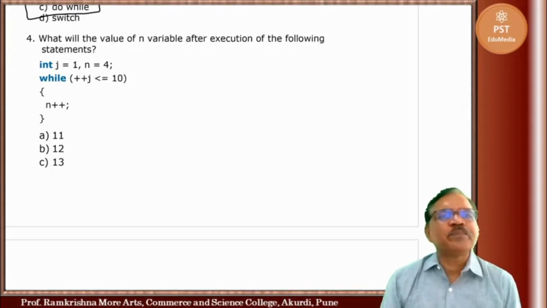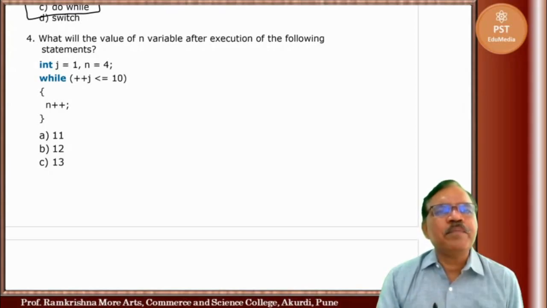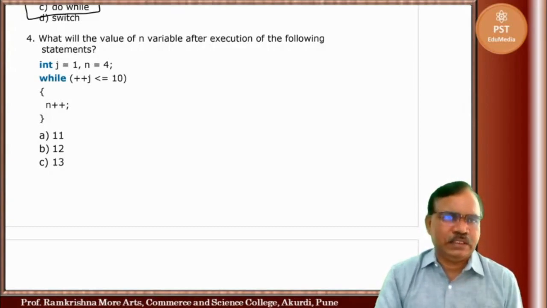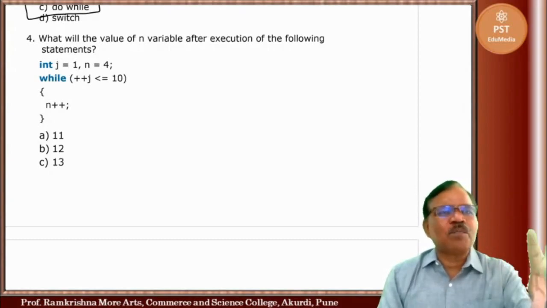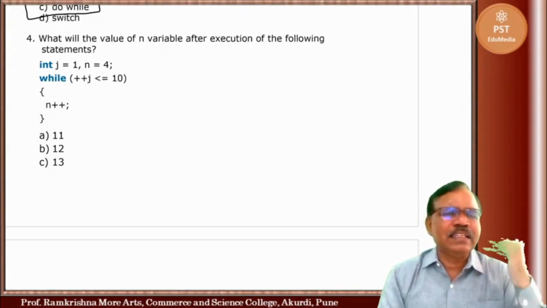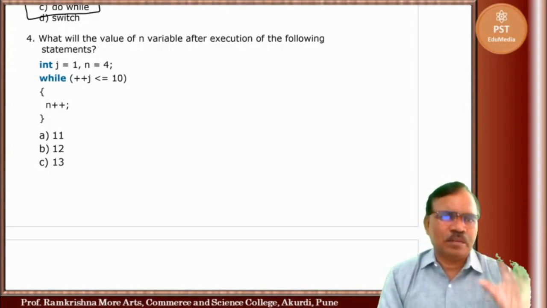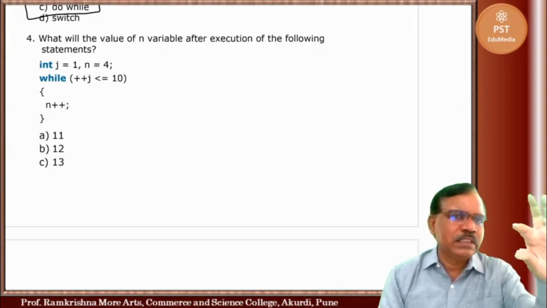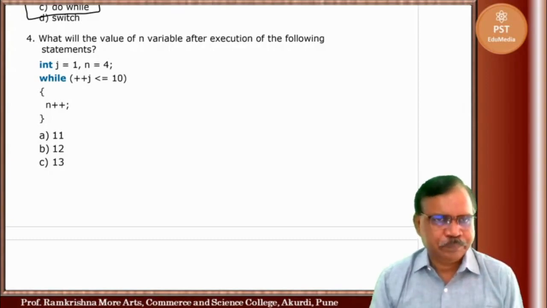Now next one. What will be the value of n variable after execution of the following statements? Now here this is part of programs. I haven't written here main, get CS, clear screen, and so on. We want to execute this small part only.